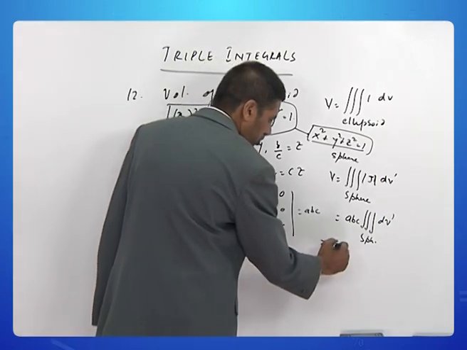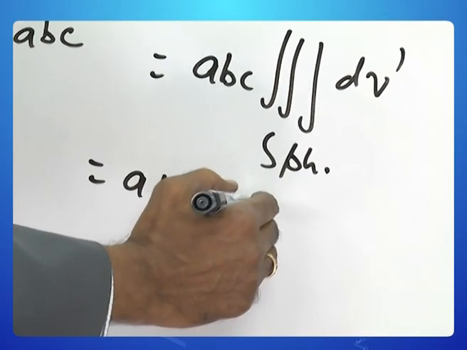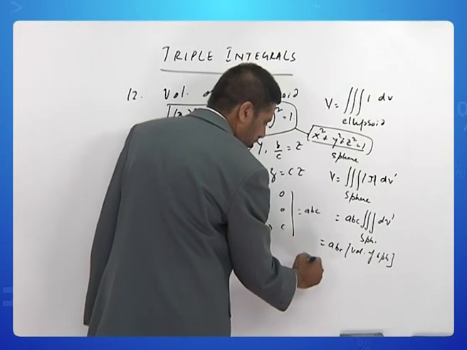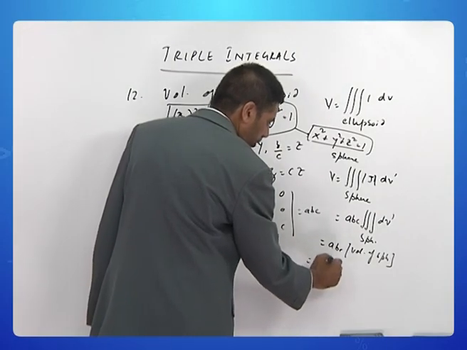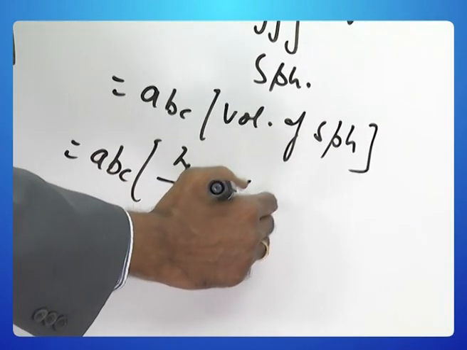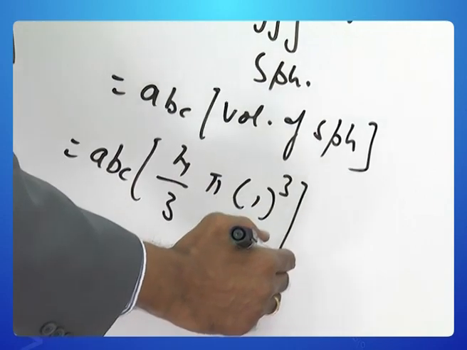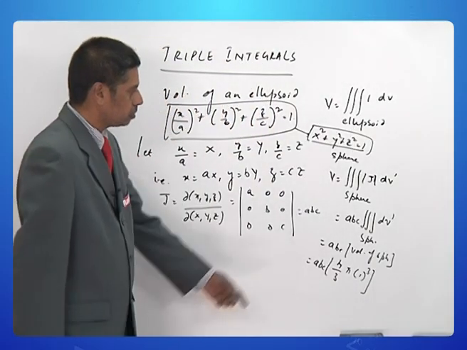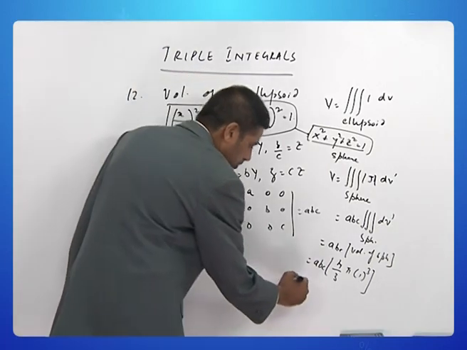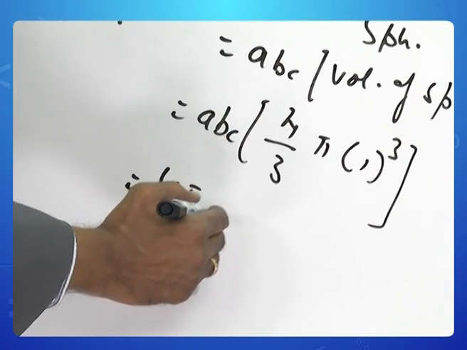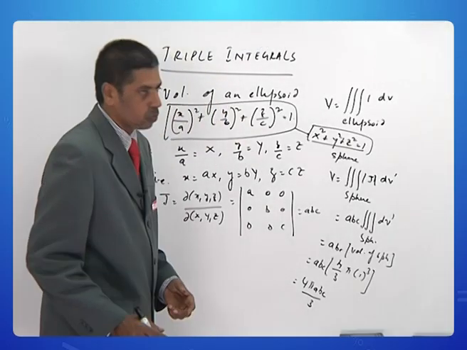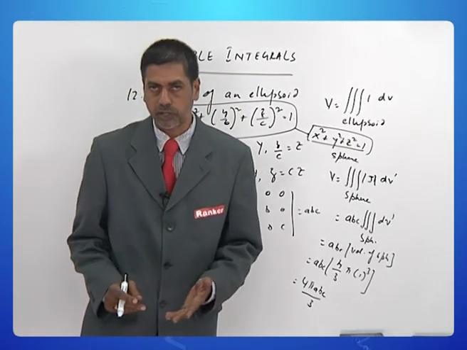And we know this is nothing but the volume of the sphere. Without going into integrations, we can write 4/3 pi r cube. The radius of the sphere is 1 because this equation represents a unit sphere. So you can say 4 pi abc by 3 is the volume of the ellipsoid.